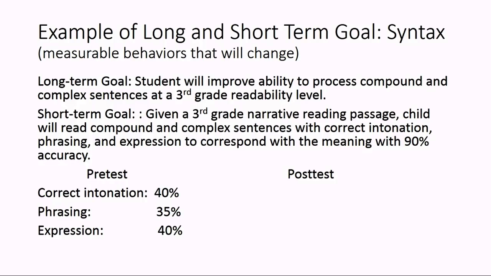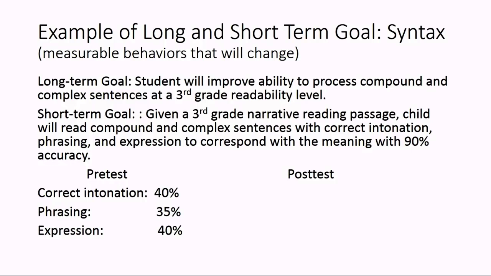So if we identify that syntax is one of the reasons that this child is failing to read fluently and accurately and with good comprehension, then this is going to be consistent with our improving the reading level to a 3rd grade level. So the short-term goal is going to be, given a 3rd grade narrative reading passage, child will read compound and complex sentences with correct intonation, phrasing, and expression to correspond with the meaning with 90% accuracy.